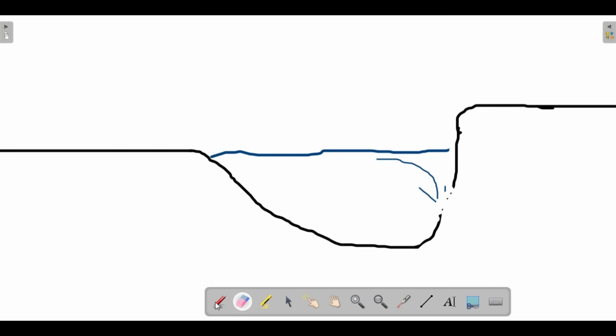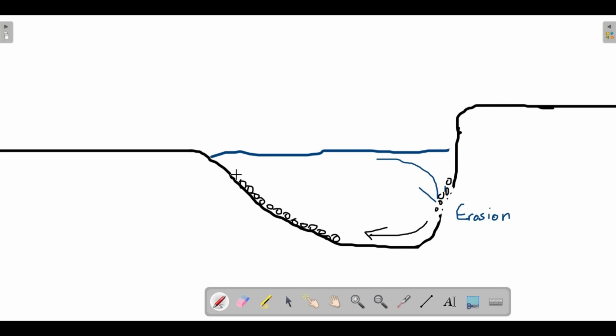So we see erosion on that side, and the material that was removed from that slope will be deposited on the opposite slope. Now you will have layers and layers of sediments being deposited there.